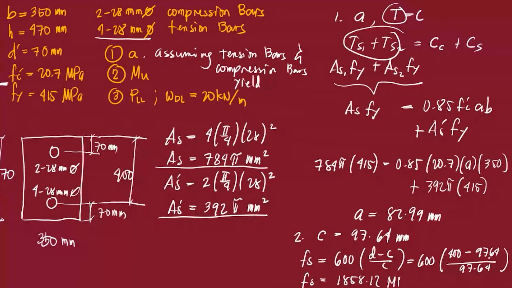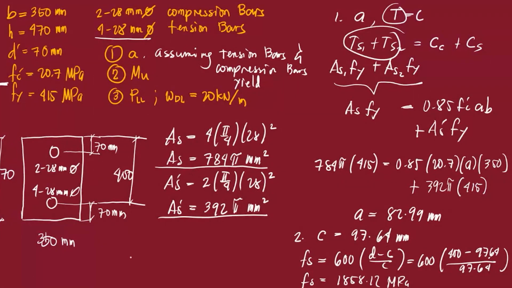This is in megapascal. So indeed, since Fs is greater than Fy, we are correct to assume that the steel in tension will yield. It is greater than 415, greater than Fy. So it really yields.